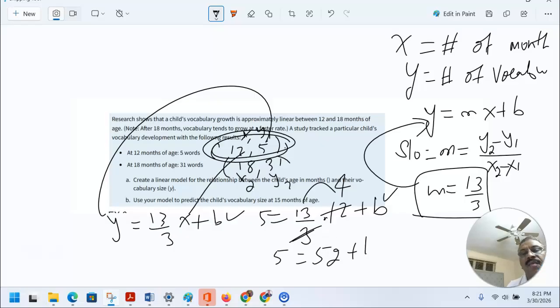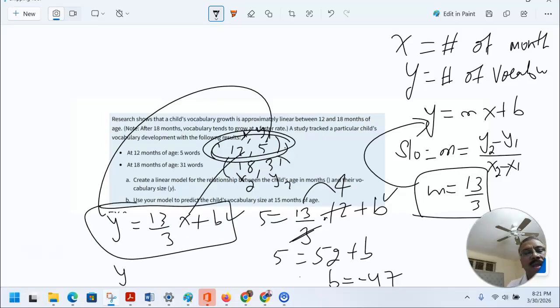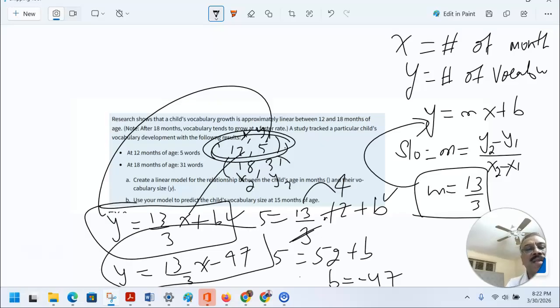So if you get confused with the earlier explanation that I gave, you could do it like this also and get the answer. So finally the equation becomes y is 13 over 3 x and the b is minus 47. You're done. So that's the linear model of the relationship between child's age and their vocabulary.